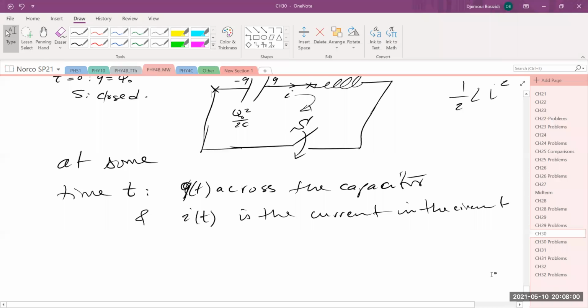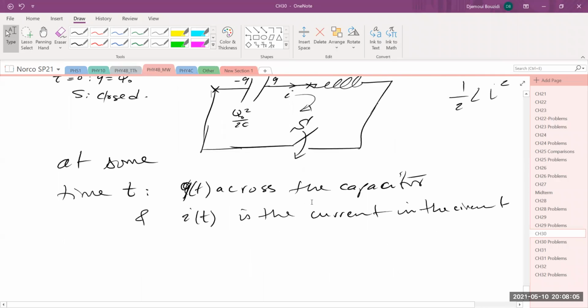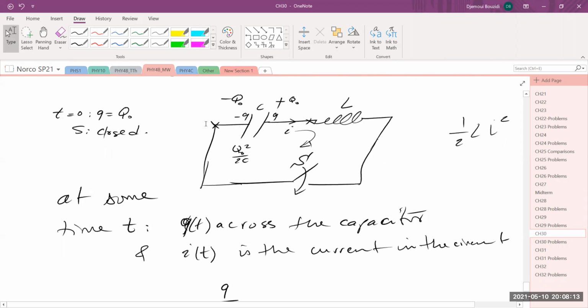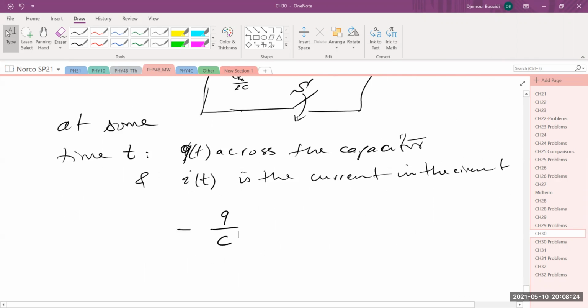So the rise in potential, which is going to be the drop in actually the, I'm going to write it as minus Q over C, because I'm going from the negative to a positive, which is a rise in potential, and the drop in potential is Q over C. So this is a rise in potential when you change the sign to it, okay?